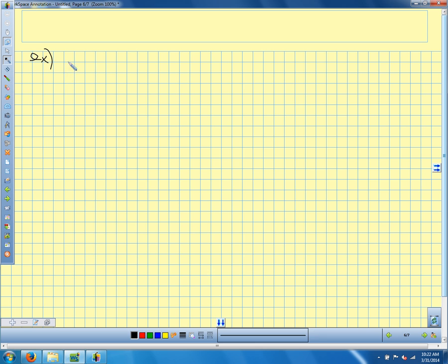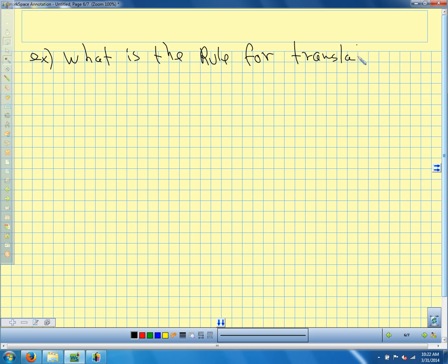So here is our question: what is the rule for our translation? And our translation is going to take triangle LMN to triangle L prime M prime N prime.